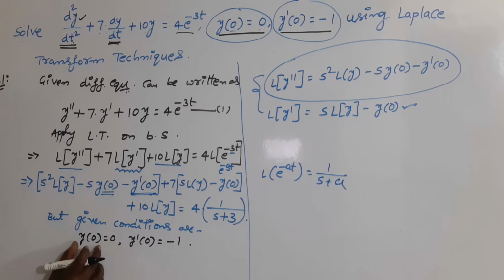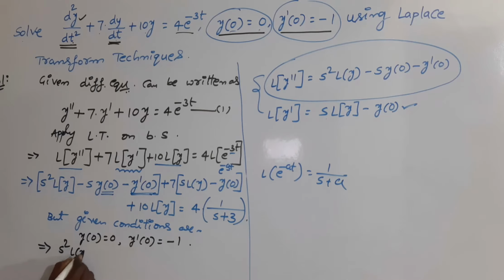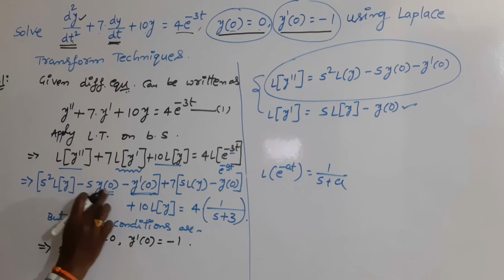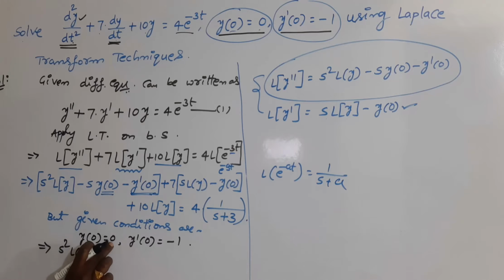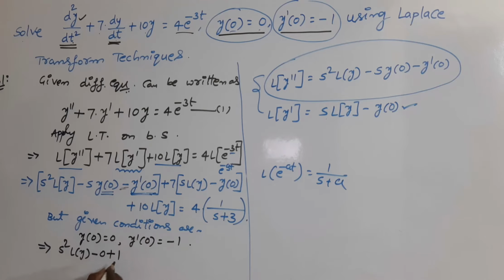Replace y of 0 is equal to 0 here. So the next step becomes s square into L of y minus s into 0, because y of 0 is provided as 0, and 0 into anything is 0. y dash of 0 is given as minus 1, but a minus is already there in the formula, so you will get minus of minus, plus 1.